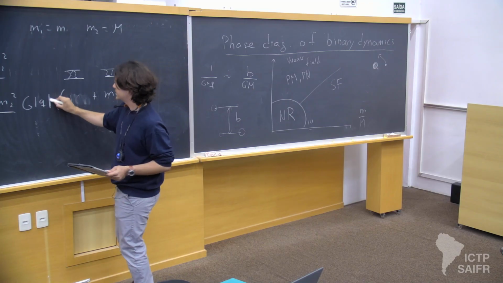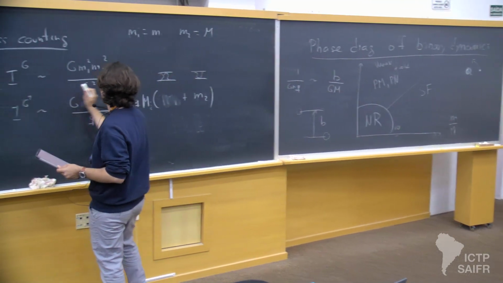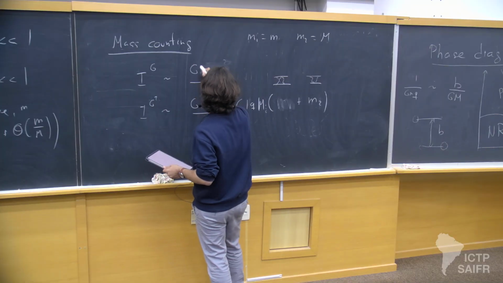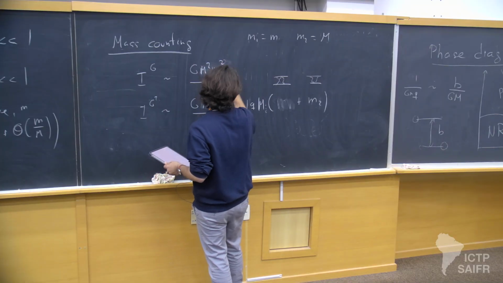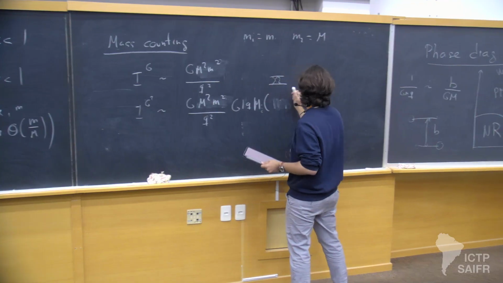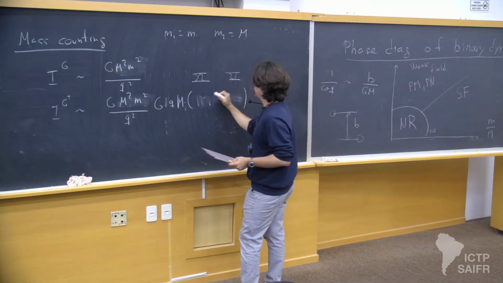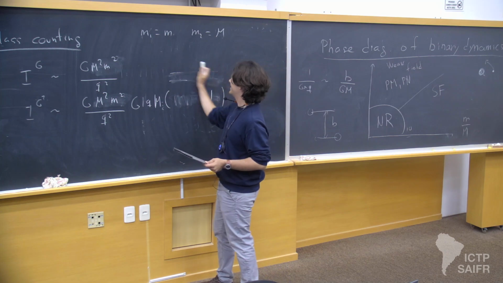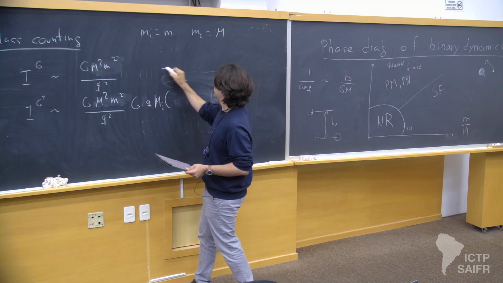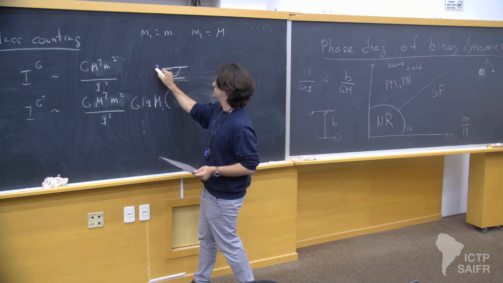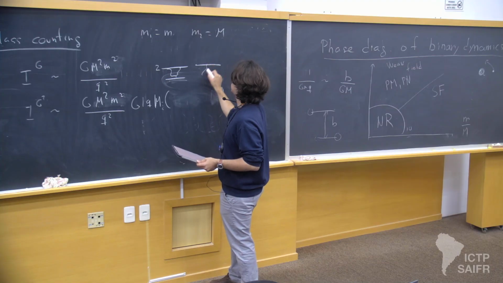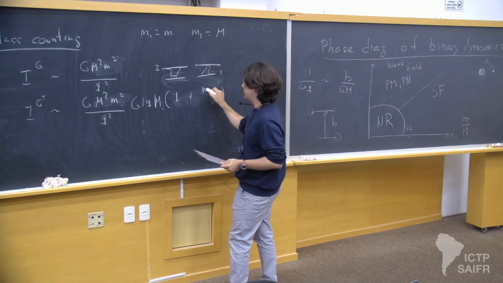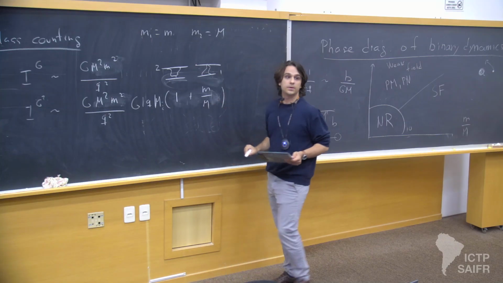So I always have the big one here. Actually, let me flip them again. So this is 2. This is 1. This will be like 1, and this will be suppressed by the mass ratio.